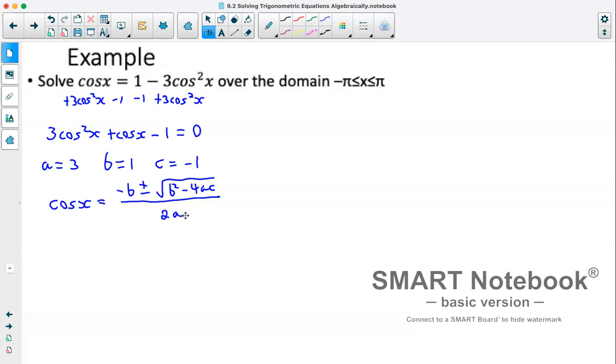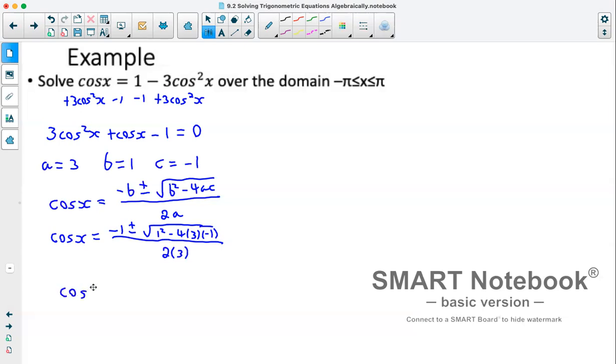Okay, so we will start filling in our formula. So we've got cos x is equal to negative b, so negative 1 plus or minus the square root of 1 squared minus 4 times 3 times negative 1, all over 2 times 3.